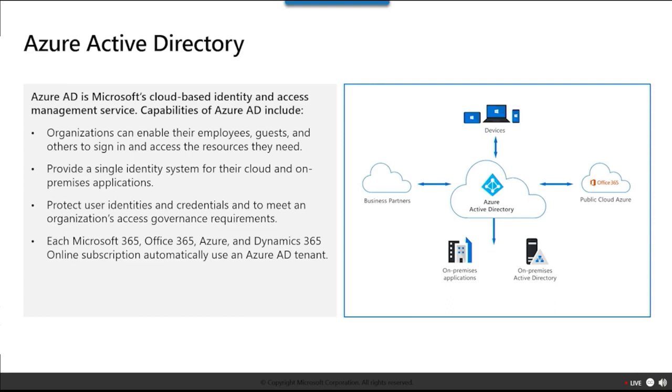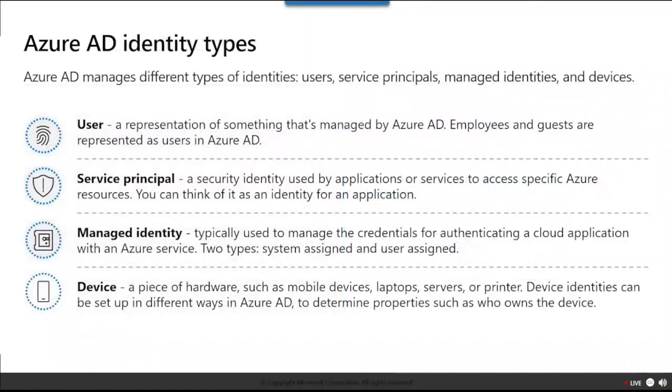We're going to look at some of those different features shortly, but I do want to mention that if you have M365, Dynamics, or really any of the Office 365 services, guess what? You're actually already using Azure Active Directory. Now, Azure Active Directory has 4 different types of identities. You have your users, your service principals, your managed identities, and your devices.